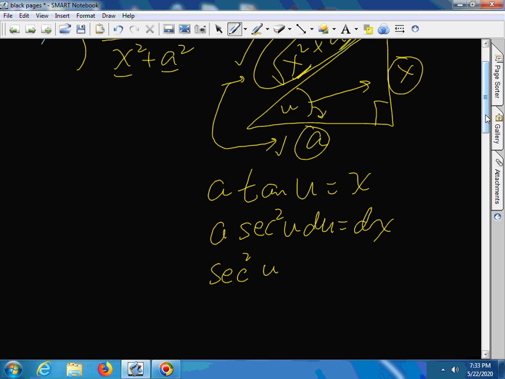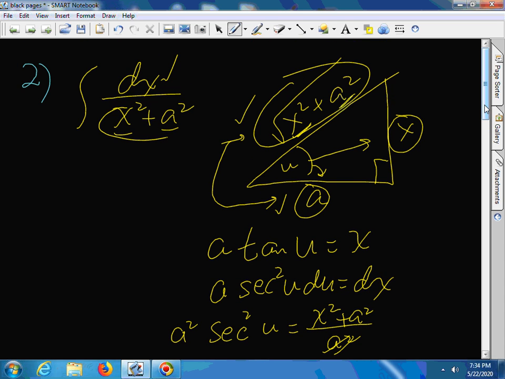And let's even square it. So it's the hypotenuse squared, which is that, divided by the adjacent squared. Okay, so now I have both pieces. There were only two pieces, and I have both of them. dx, right there.